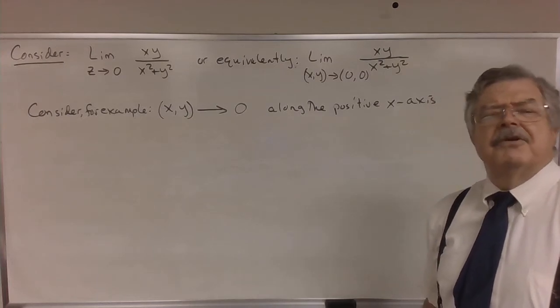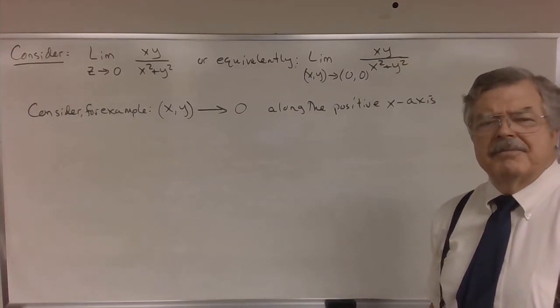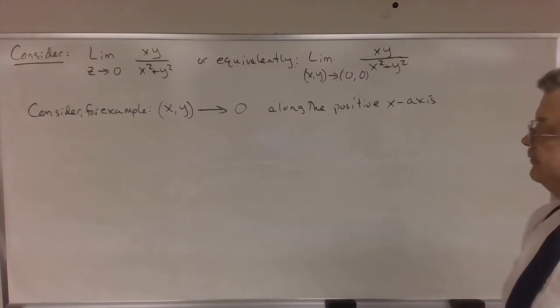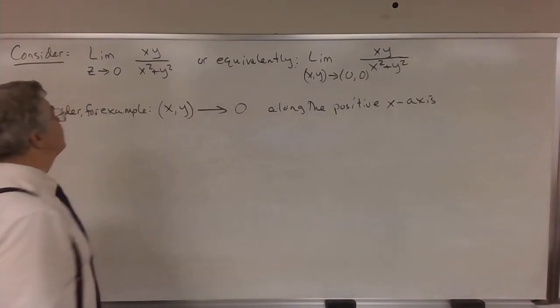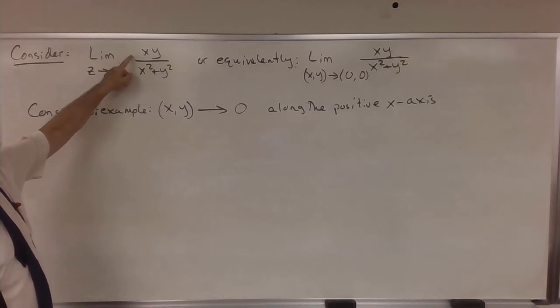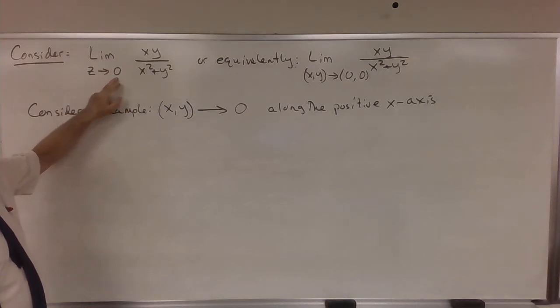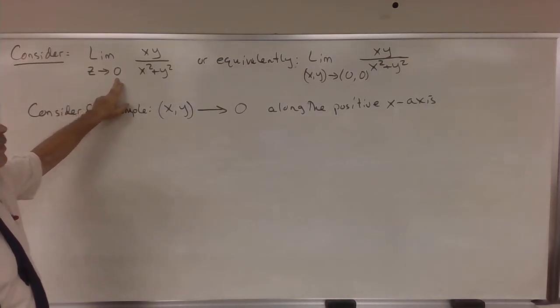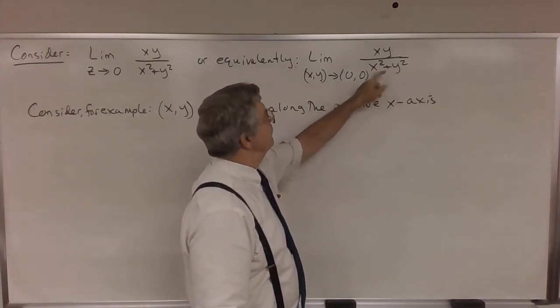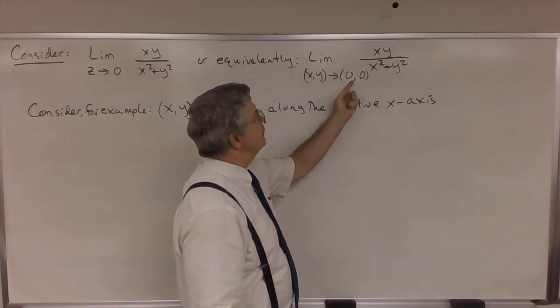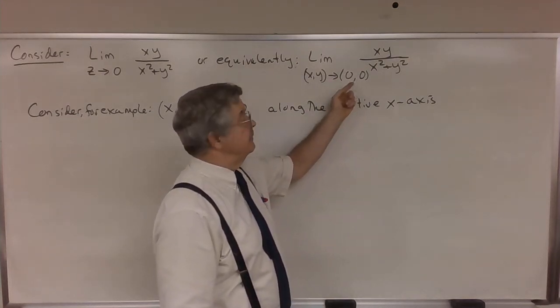This example shows why it is that we have to be careful. So we compute the limit of this function as z approaches 0, or in terms of x and y, we consider the limit of this function as (x, y) approaches the origin, (0, 0).